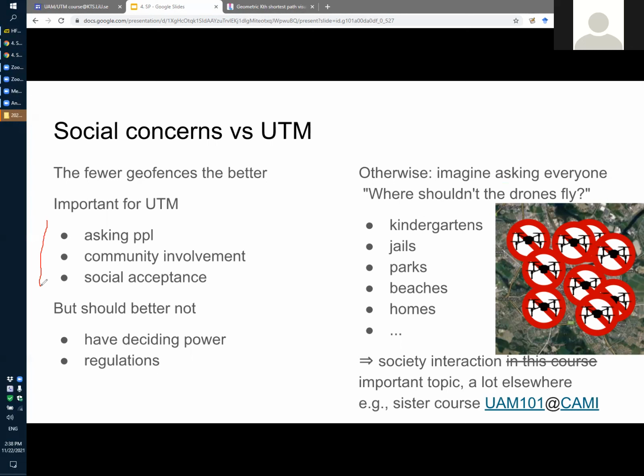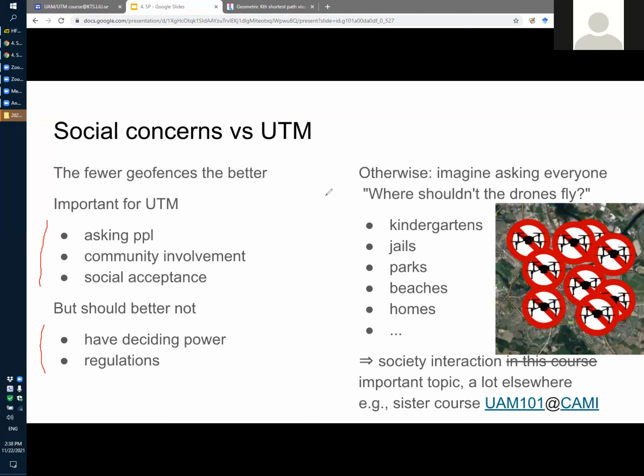We don't go into details, but you may see how they interact with the communities. But it should really be more of an interaction rather than giving the communities the possibility or the power to decide.